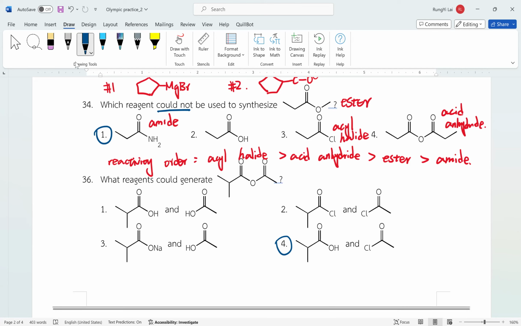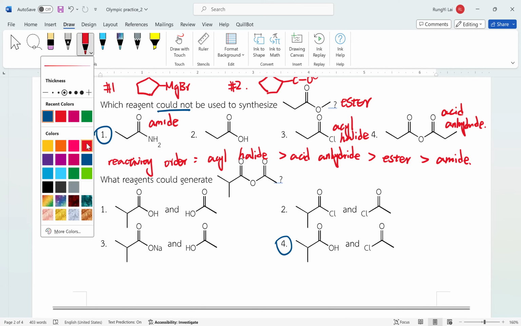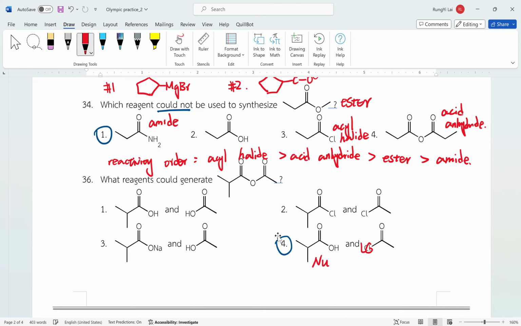If I use the way I taught you this morning, this one should be the nucleophile. This is the leaving group. You use this nucleophile to react with this one, and the leaving group goes away. So you are able to synthesize this acid anhydride.